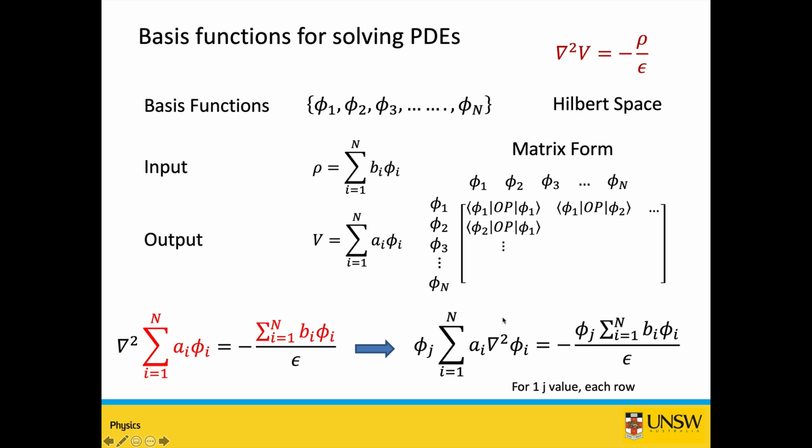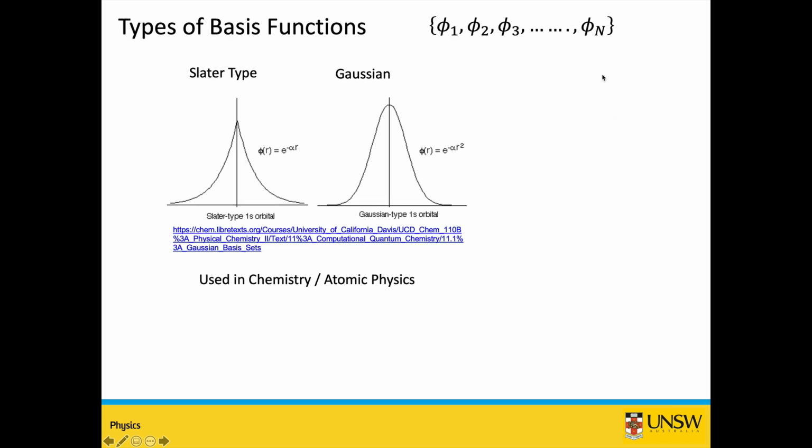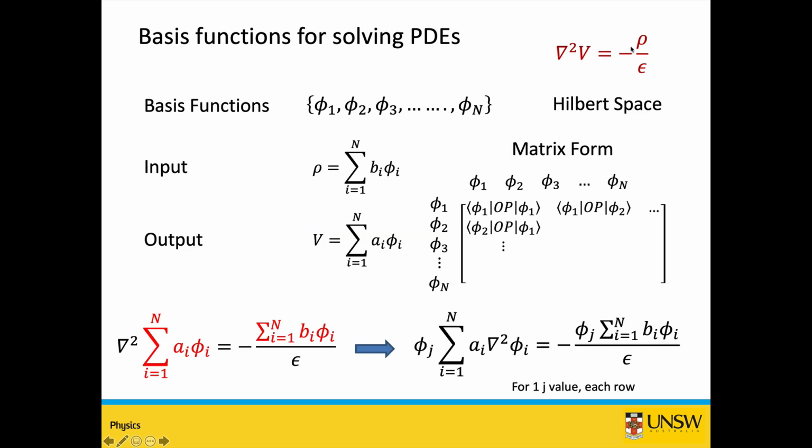And you can have a look at the elements. The first row is the matrix element between basis function 1 and itself, 1 and 1. By OP, I mean the operator. The operator could be anything. For example, if you write the left-hand side of the Poisson equation as a matrix, then the operator is this delta square operator. Or if you represent the right-hand side of the Poisson equation, rho, then your operator could be a constant like the charge density rho itself.